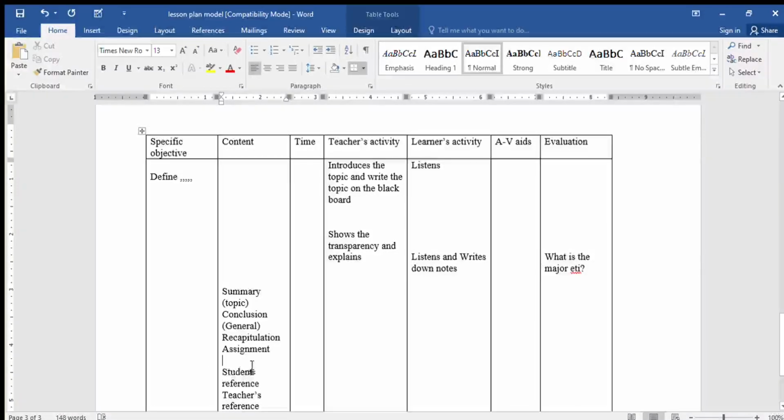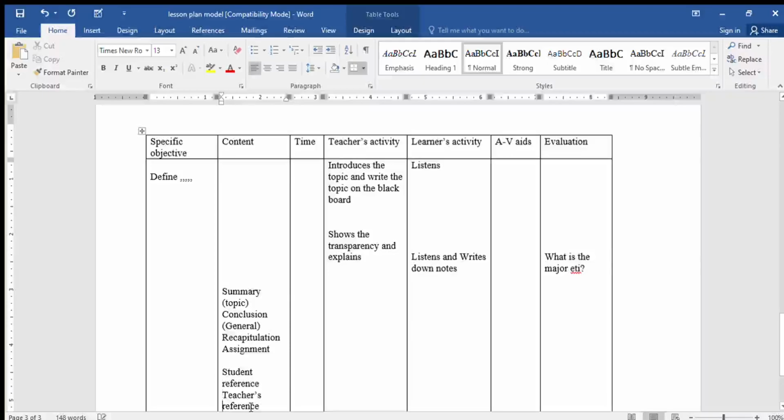Once the assignment is given for that part, for example, if you have given the Sengstaken tube and its management for writing that particular assignment, which textbooks they have to refer, that is the student reference. I hope you understood what student reference and teacher's reference are.